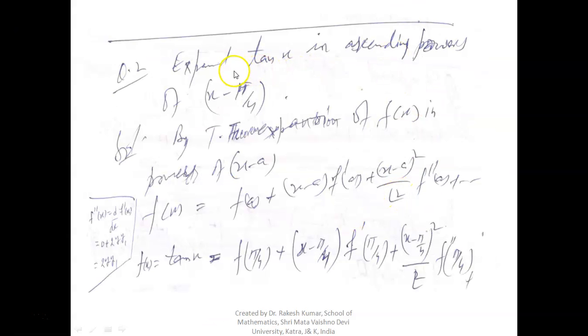Now coming to question number 2: expand tan x in ascending powers of x minus pi by 4. Just like the expansion in terms of x minus a, where a is pi by 4.